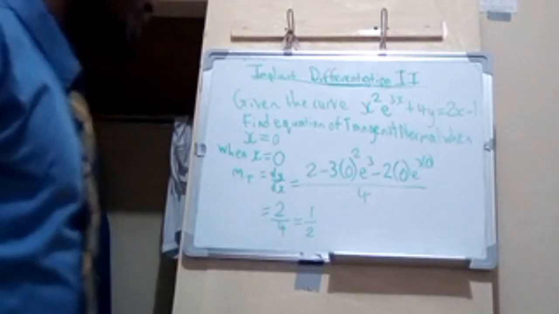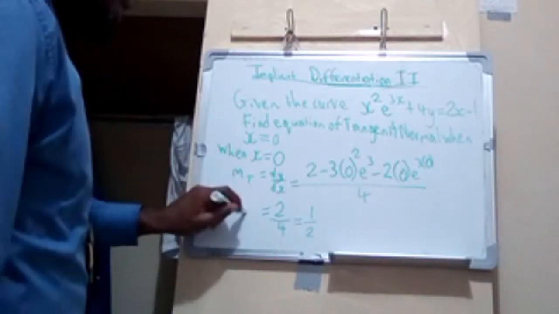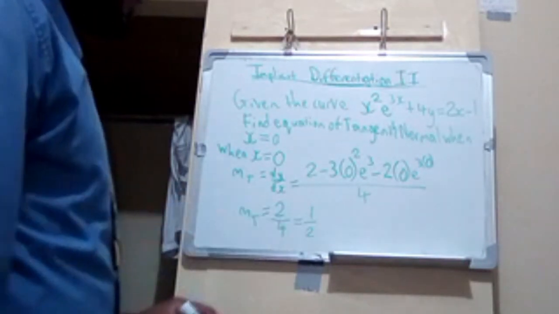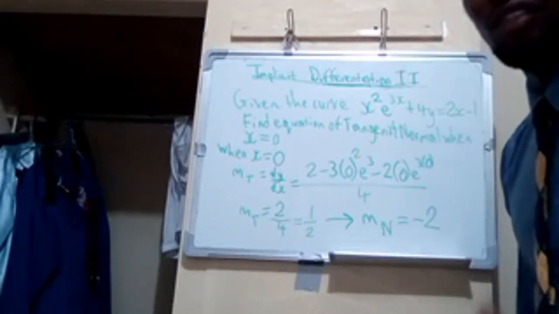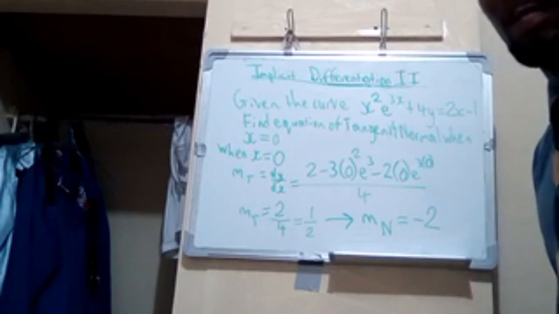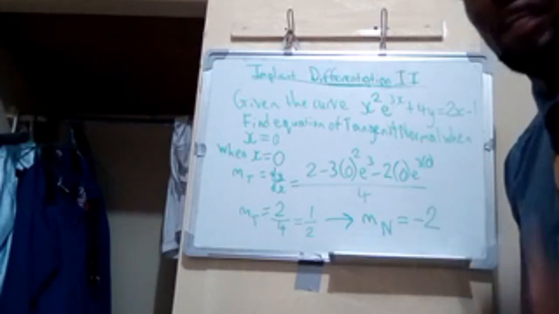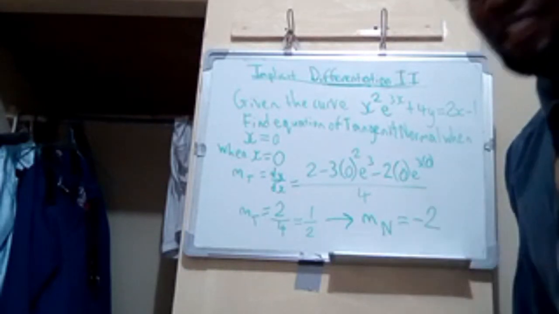So that's the gradient of the tangent. If the gradient of the tangent is equal to a half, this implies that the gradient of the normal is negative 2, as the gradient of the normal is minus 1 over the gradient of the tangent.